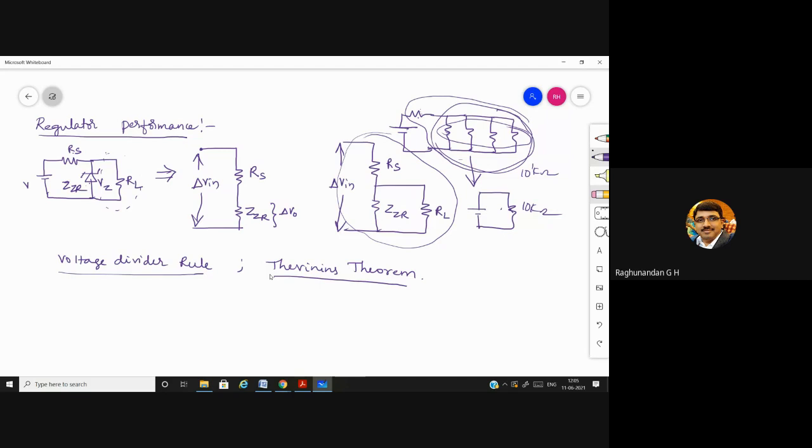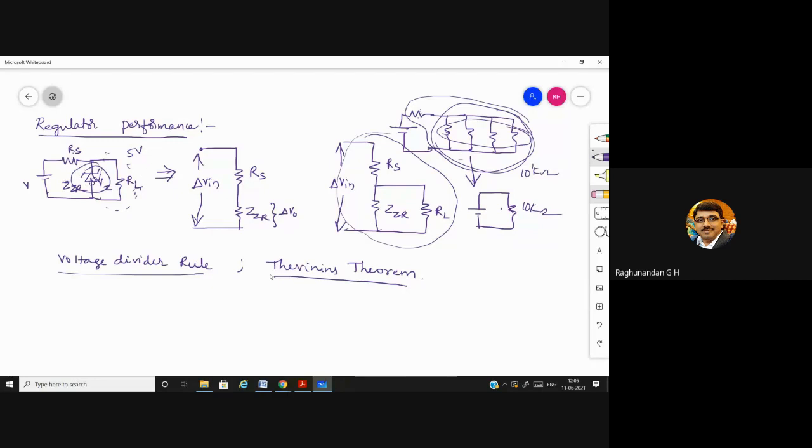See, Zener is the correct answer because the output voltage is maintained constant based upon the selection of the Zener diode, based upon the breakdown voltage. If you want 5 volt, we will select a 5 volt breakdown Zener diode, right?